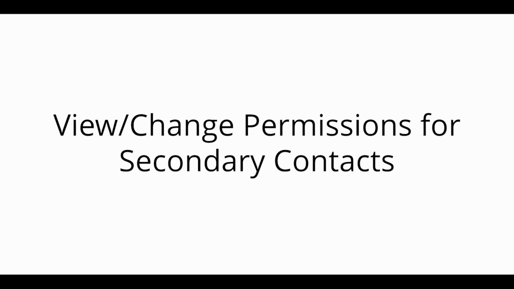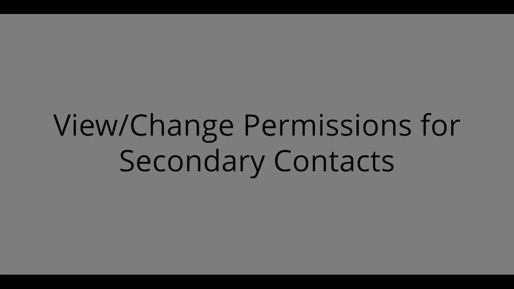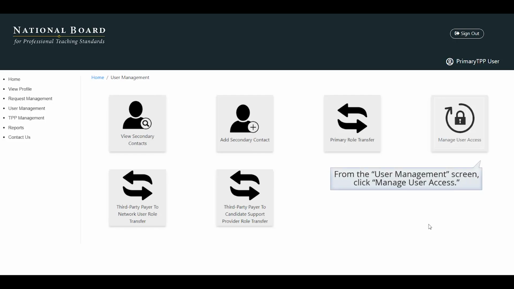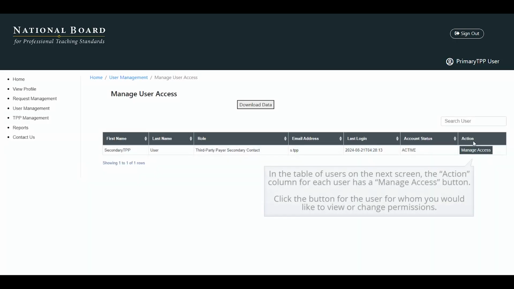View and change permissions for secondary contacts. From the user management screen, click Manage User Access. In the table of users on the next screen, the action column for each user has a Manage Access button. Click the button for the user for whom you would like to view or change permissions.